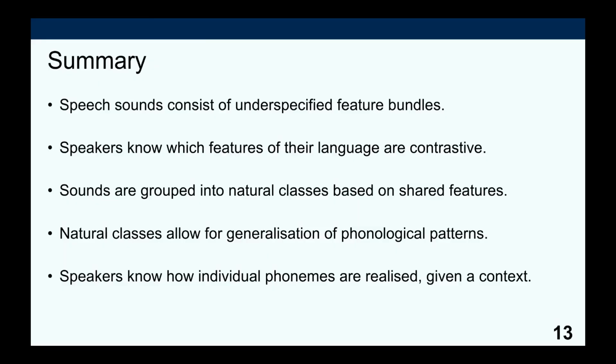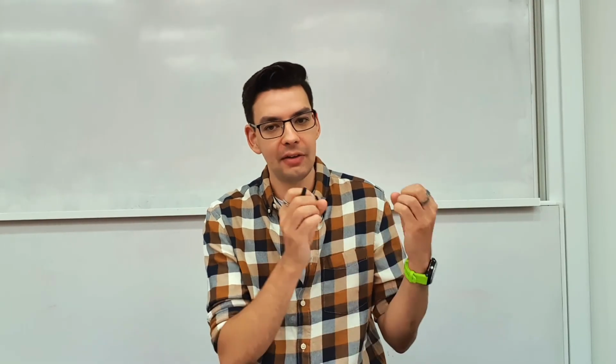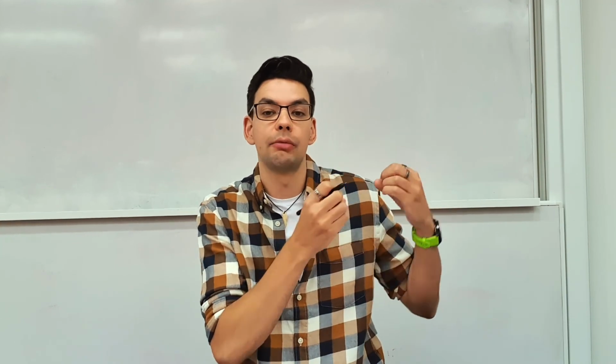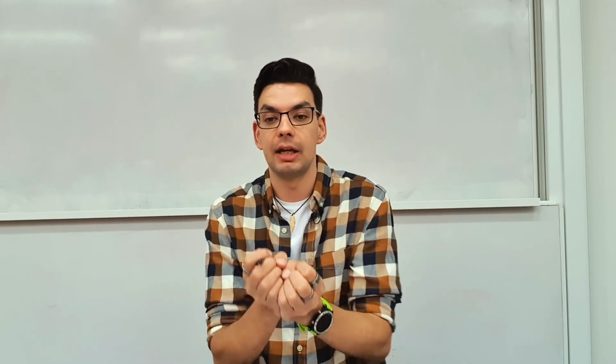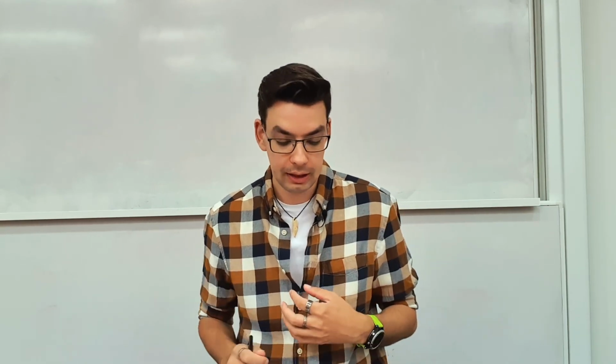Speakers know how individual phonemes are realized in a given context, so that is the knowledge that they need to get from these underspecified feature bundles that they've stored in long-term memory, the underlying representation, to a surface representation, something that can be pronounced and realized in a context.